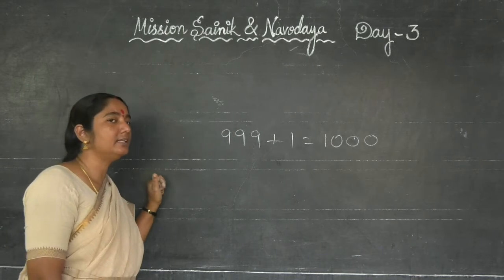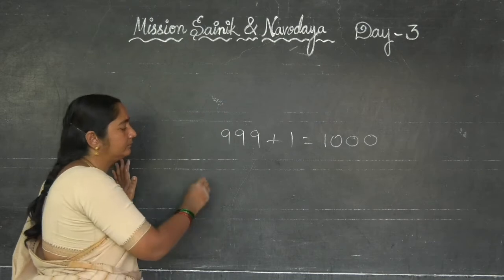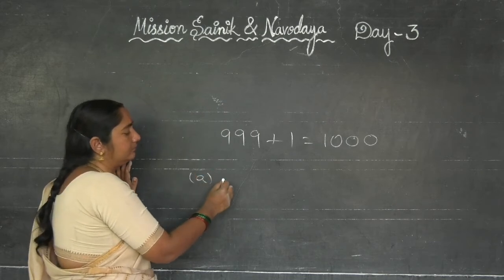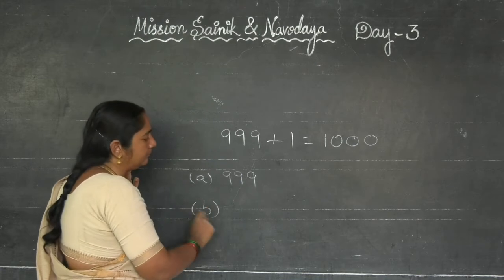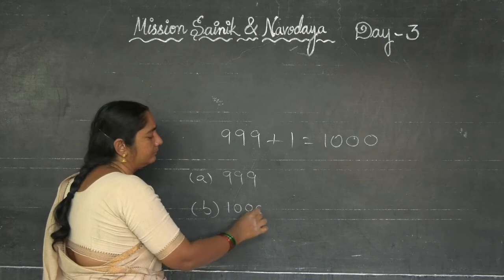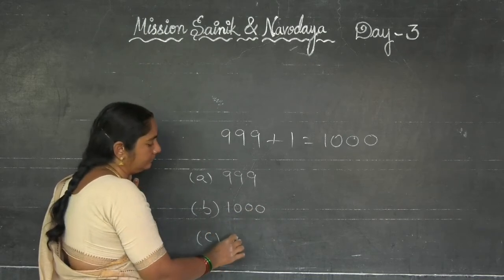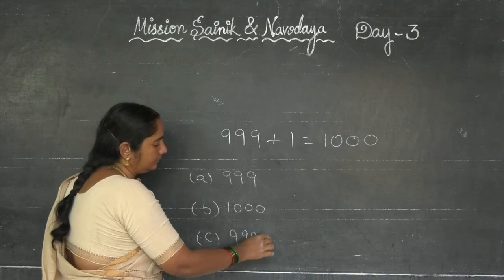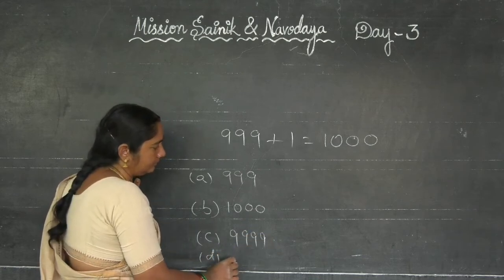Option A is the 3-digit greatest number. Option B is the 4-digit least number. Option C is the 4-digit greatest number. Option D is the 3-digit least number.